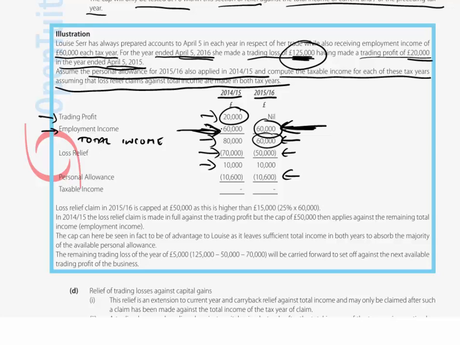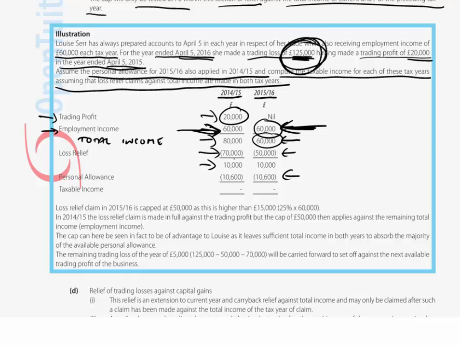This is in fact good news, because it leaves that income not quite sufficient, but nearly sufficient to cover the personal allowance. Had the caps not applied, you'd have taken out the 60,000 in the current year, and then you'd have had only 60 out of 125.